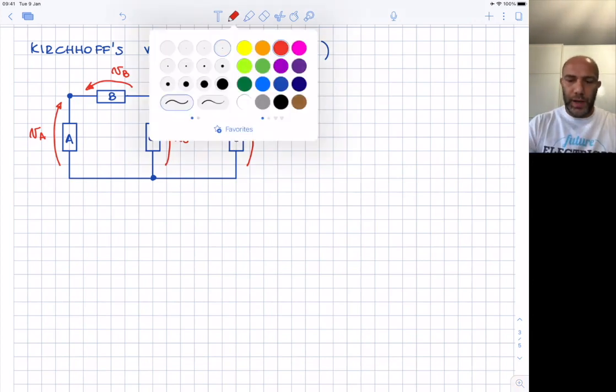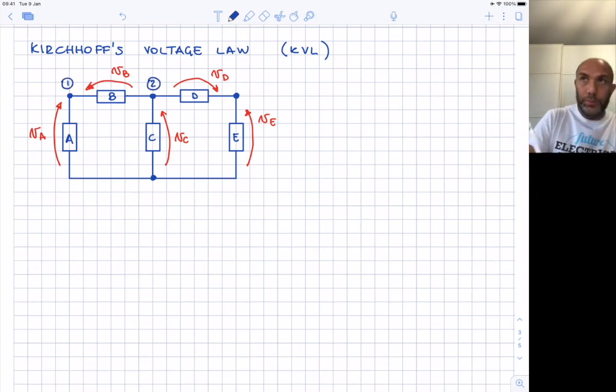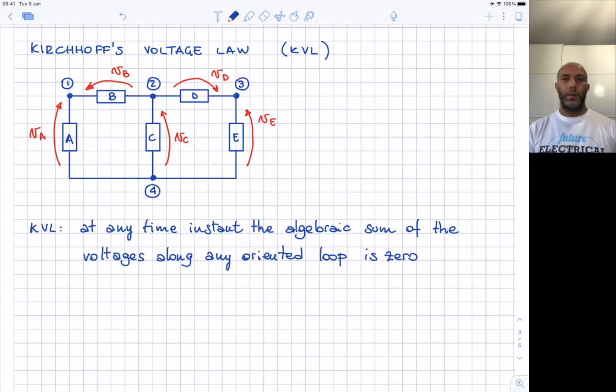In order to simplify how we define the Kirchhoff voltage law, let's also give a name to nodes. So this is node 1, node 2, node 3, and node 4. Kirchhoff voltage law states that at any time instant, the algebraic sum of the voltages along any oriented loop is 0.